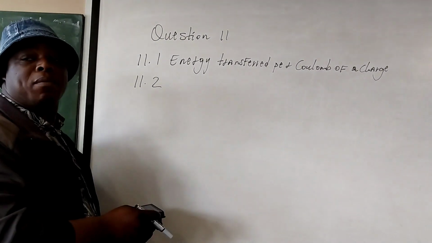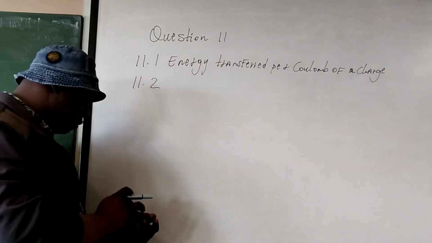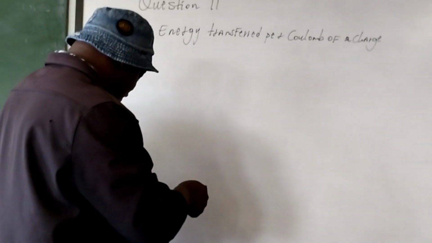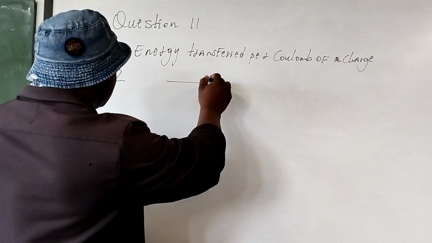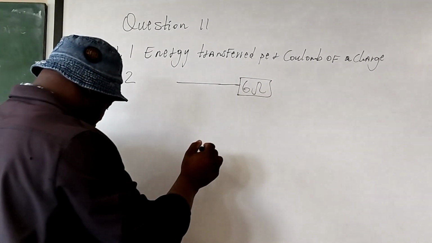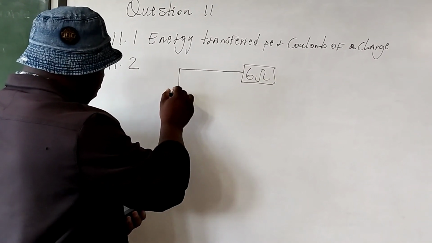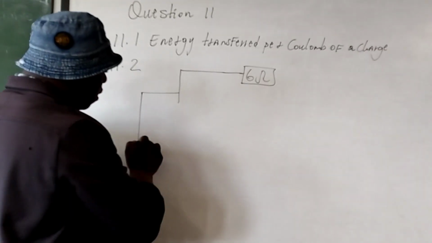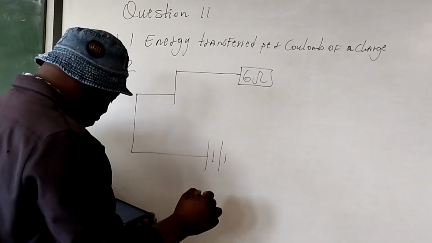So what I'm going to do, I'm going to redraw the circuit diagram, and from there we'll analyze it. It won't be difficult because there's only two resistors. That is a resistor of 6, and the battery.